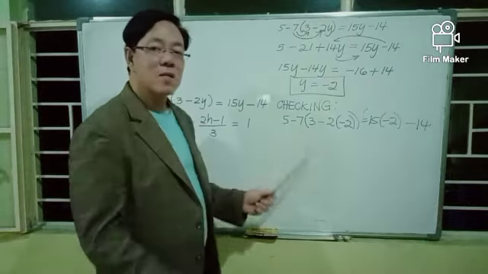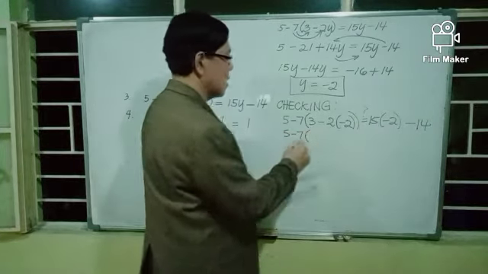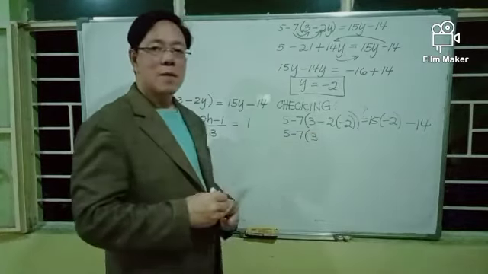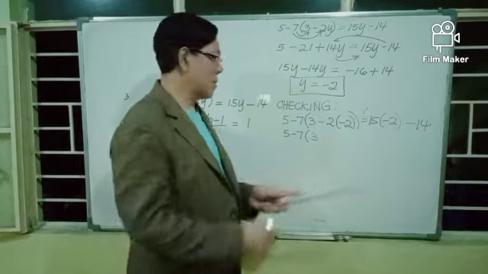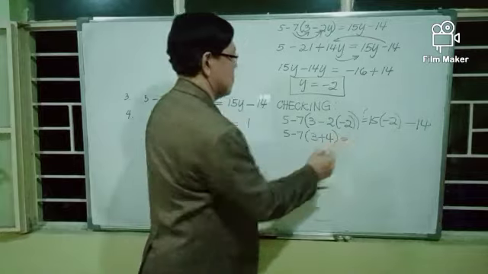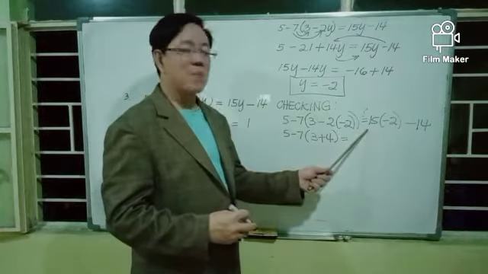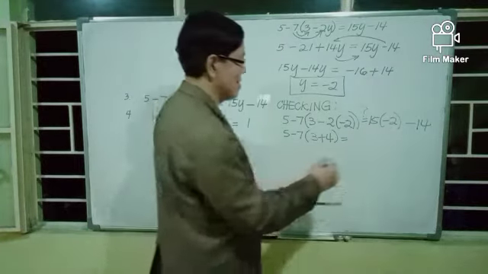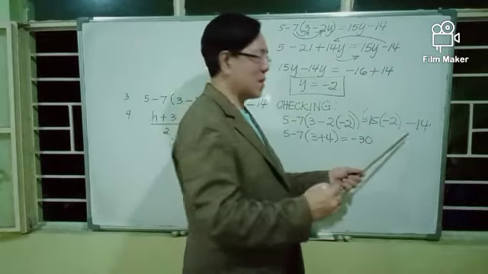We have 5 minus 7 times quantity 3, and negative 2 times negative 2 is positive 4. At the right hand side, we have 15 times negative 2, which is negative 30. Minus 14.